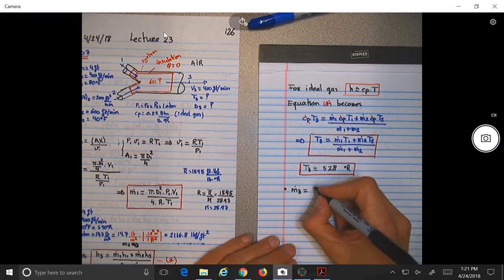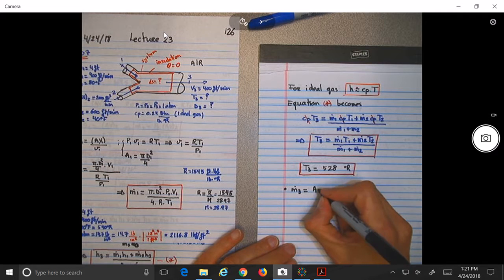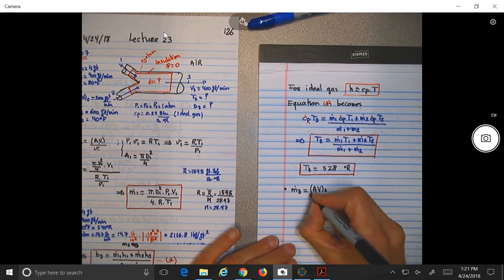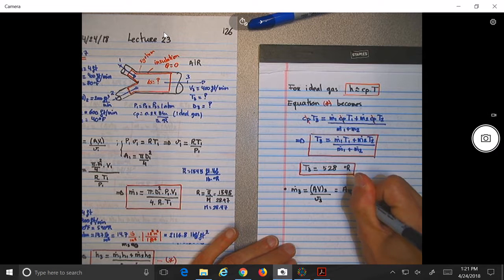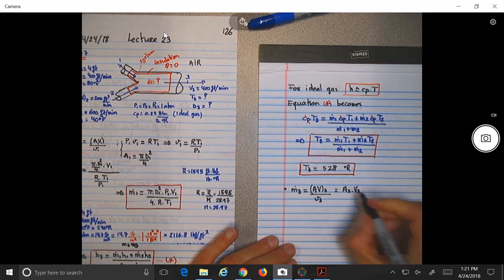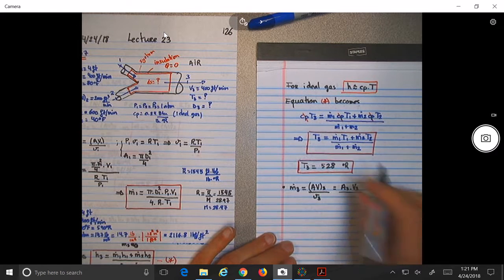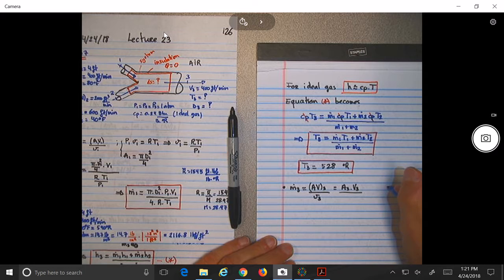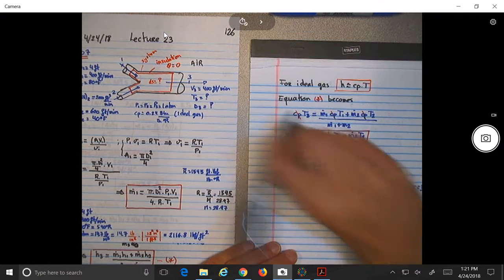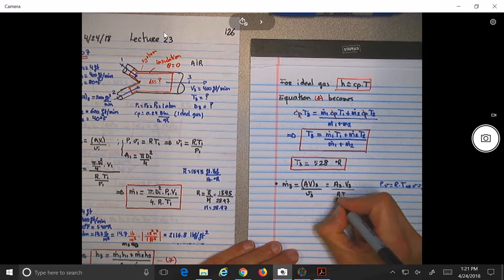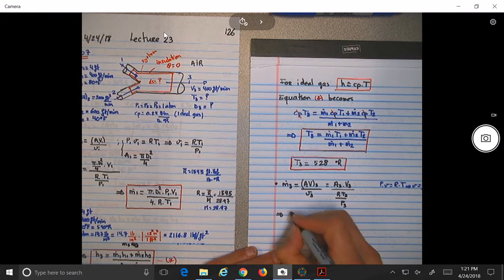So we know the value will be equal to V3 divided by... V3, so it will be equal to A3 V3 divided by RT over P, so it will be RT3 over P3. So basically we need to solve for A3.